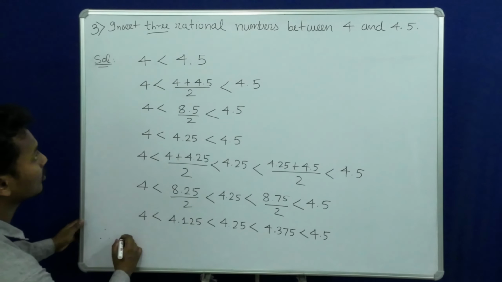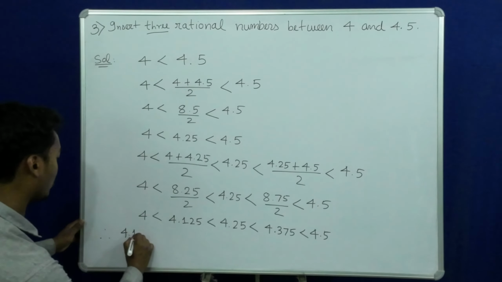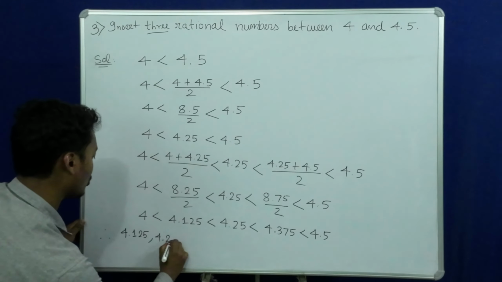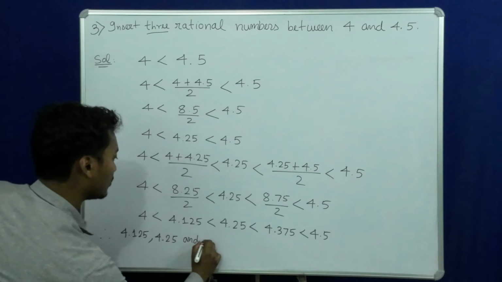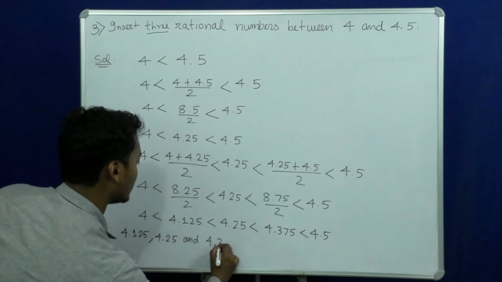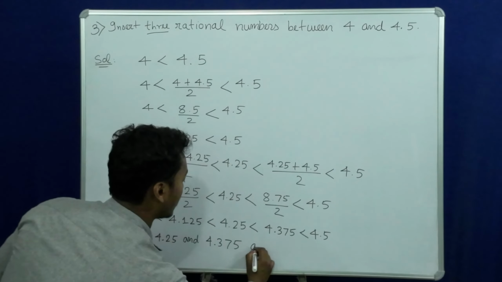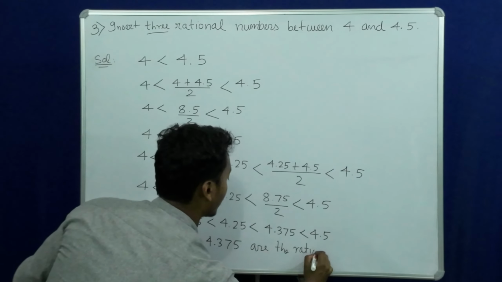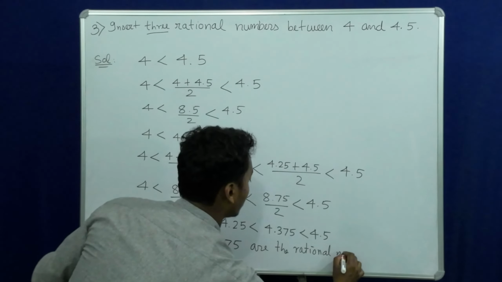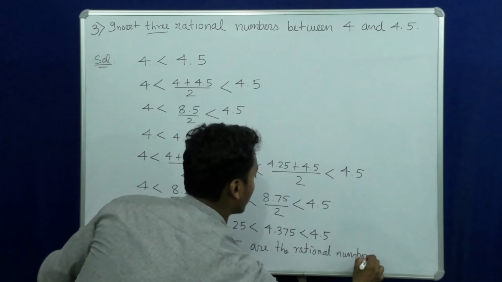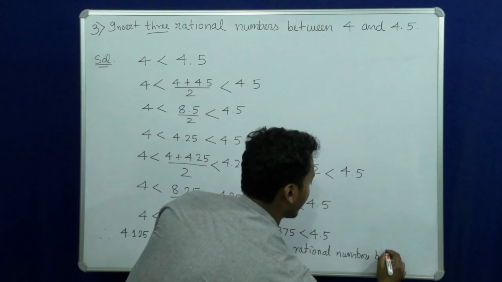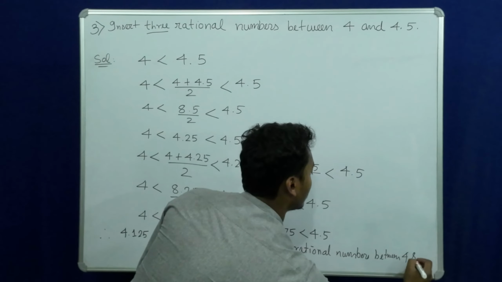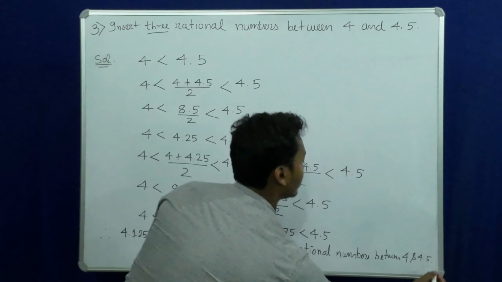So you can write the statement. Therefore 4.125, 4.25 and 4.375 are the rational numbers between 4 and 4.5.